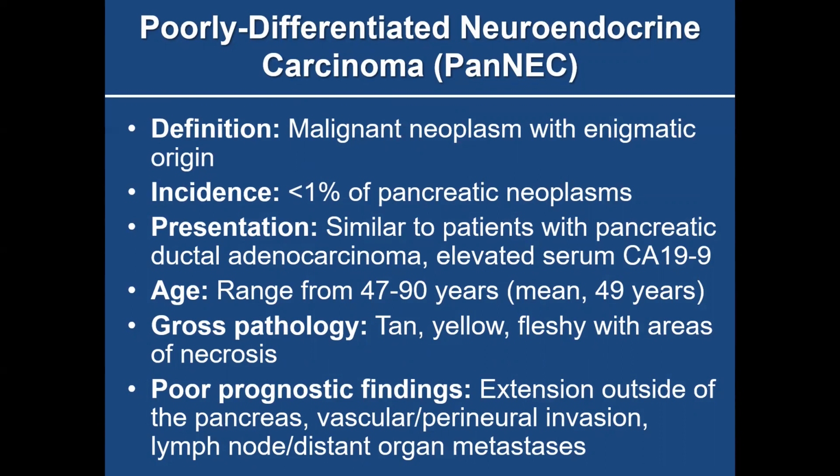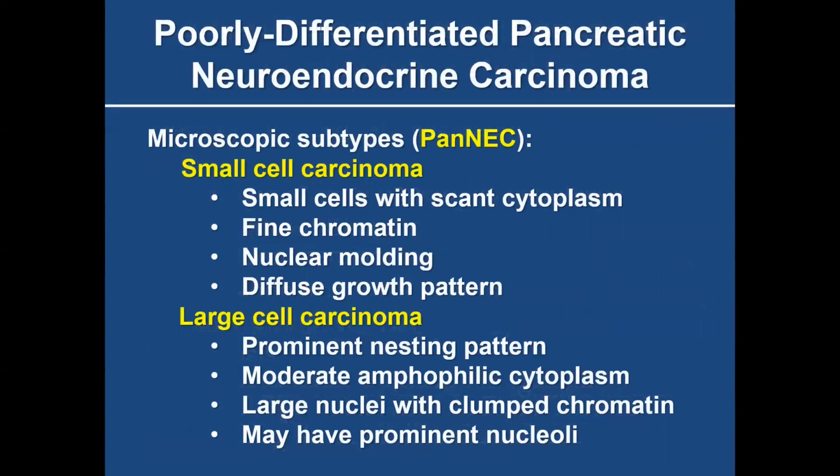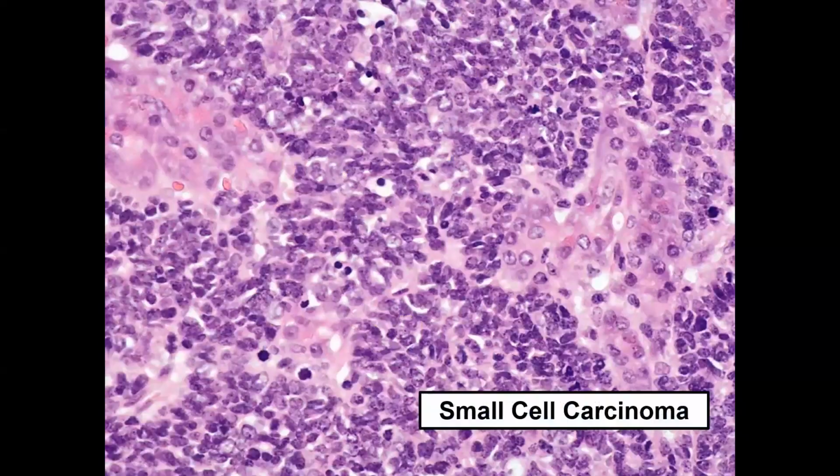Grossly, these neoplasms are indistinguishable from pancreatic ductal adenocarcinoma or acinar cell carcinoma. But microscopically, they can be subdivided into two types, small cell and large cell carcinoma, akin to the same terminology and somewhat same definition used to describe neuroendocrine carcinomas of pulmonary origin. Small cell carcinomas present as sheets or nests of small cells with hyperchromatic and molding nuclei.